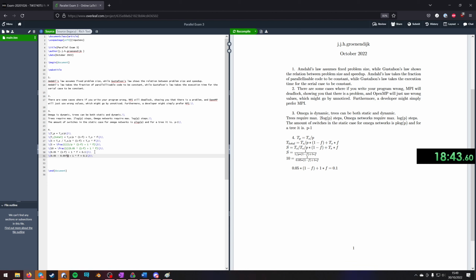Sorry, 20 processors. Okay, no problem. Plus 1 times f, so this is 0.95f.